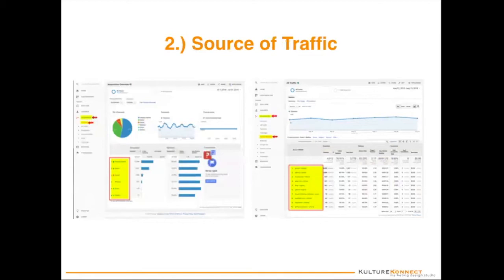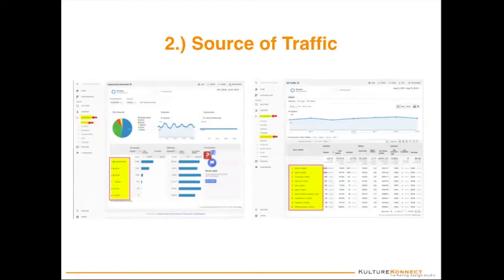So what this means is that if you know where your audience is coming from, then you can pay more attention to that and nurture it more. Or if you have a channel or a medium that you want to nurture because you want to improve its performance, then you know how to identify it.